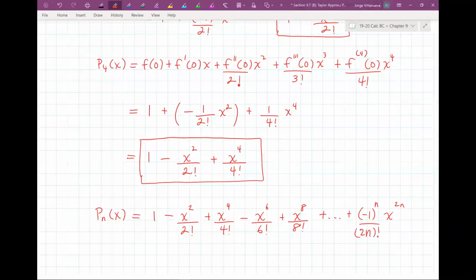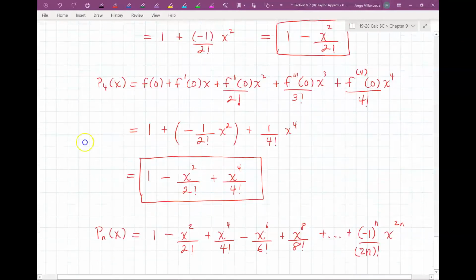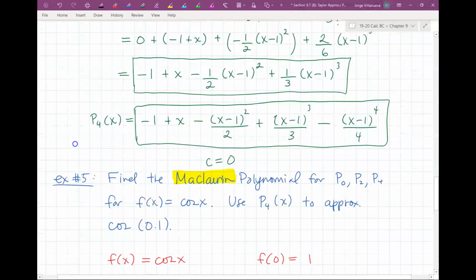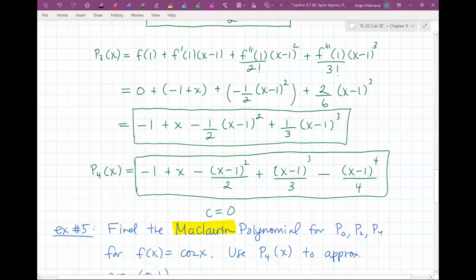But memorize that cosine has even powers. Go ahead. In the last example, we didn't do the factorial in the denominator, and this one we did. I did do it. I changed it. Right now, I'll go back. Oh, you're talking about this one right here? Yeah, because the factorial actually cancels out. So I want you guys to notice that with natural log, it doesn't have the factorials on the bottom.